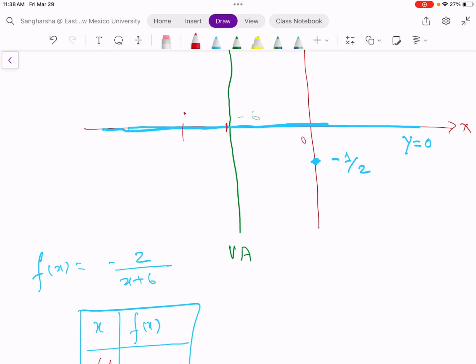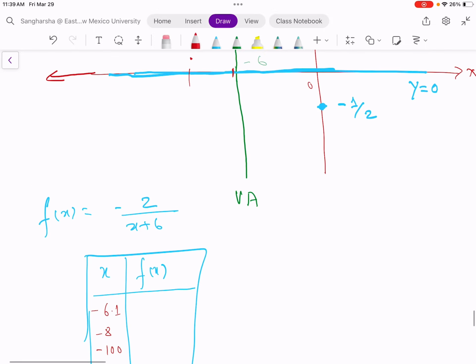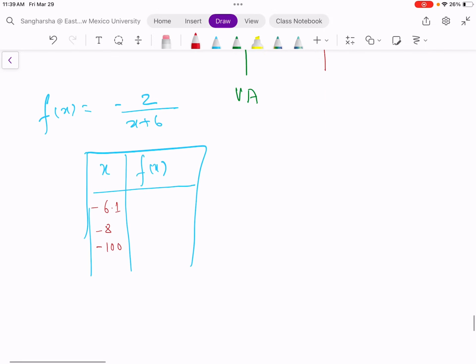Now let's choose some very small number on the left, like -100. If x is -100, what is our output? We have -2 divided by (-100 plus 6), -2 divided by -94, and that is close to 0, positive 0 point something.